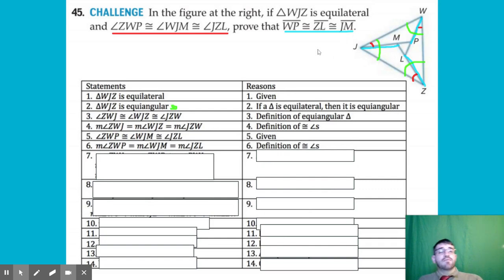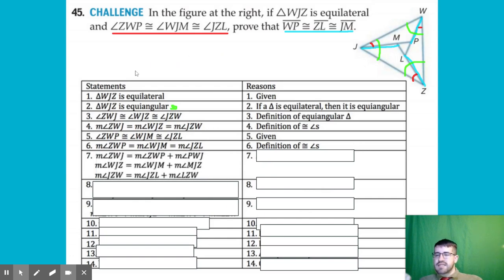So remember how we said before that we're going to be using these smaller angles. If we look at this, we know that the measure of WJM plus the measure of ZJM is going to equal WJZ. It's going to equal this whole angle here. So this little red one plus this unmarked arc, those two together, the measures equal the larger green arc here.